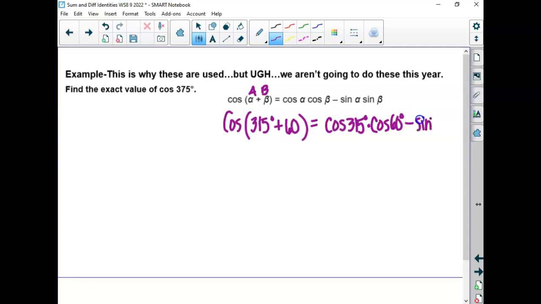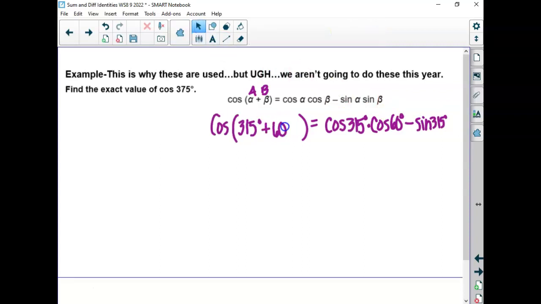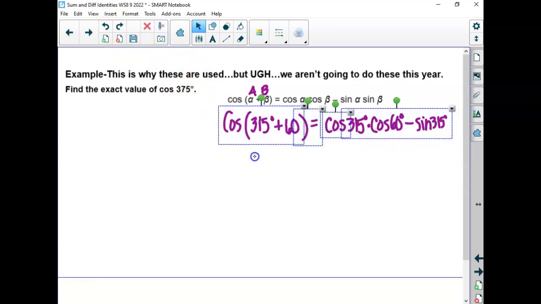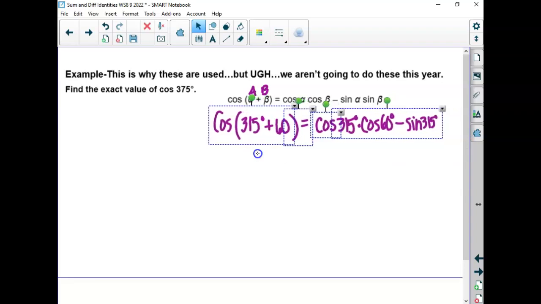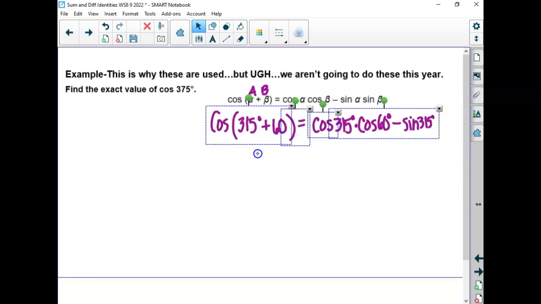Minus sine of 315. I don't know if I can move this all over. Of course not. Okay, let me think I can select all this and then say move over. What did I need at the end? Times sine of 60, is that right?